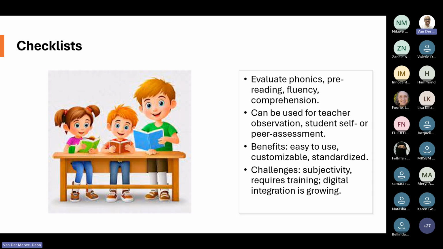And so the challenge with this approach, of course, that we need to keep in mind is that it risks subjectivity if not used constantly. And so it cannot be used standing alone. Again, this needs to be drawn alongside all of the other tools that you will be making use of when it comes to assessing reading.